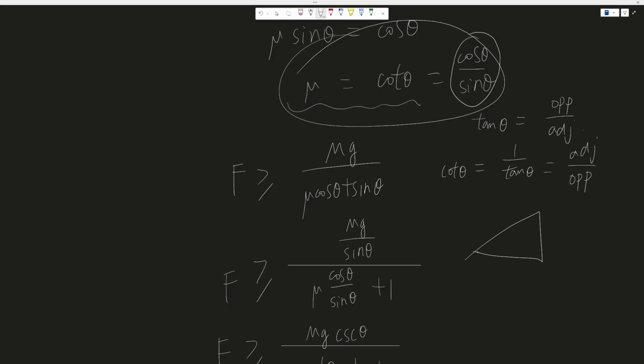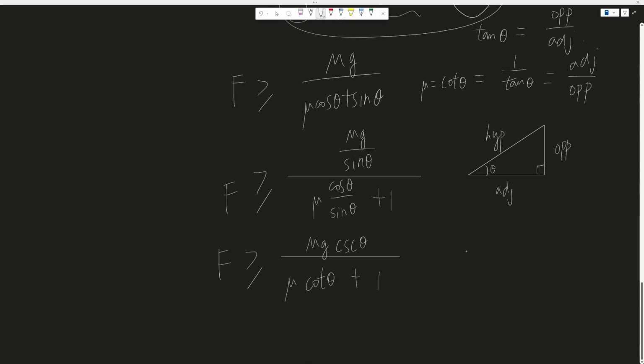Let's draw a triangle. And we have a right triangle with angle theta here, with sides called opposite, adjacent, and hypotenuse. I'm just going to write HYP. Okay, so we know that mu equals cotangent theta, which is 1 over tangent theta, which is adjacent over opposite.